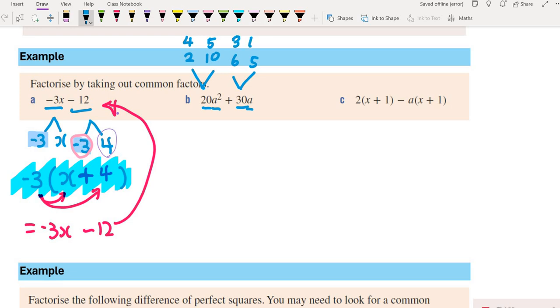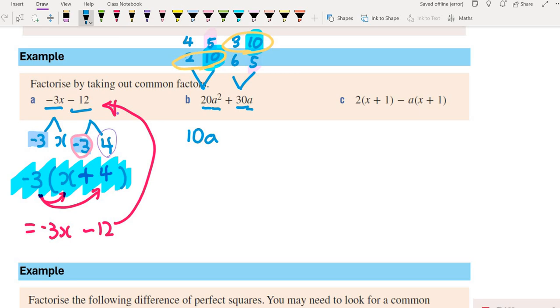And 3 and 10 gives you 30 as well. But you always want to take out the highest common factor. You see the 5 is common, but 10 is also common, and that is higher. So we want to be choosing these two combinations and take out 10 as a common factor. And we also want to take out a as well, because they both have a's.